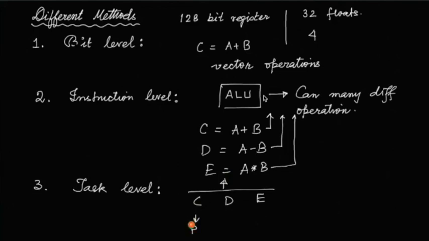In this particular case, as you see, this can be done just by instruction level parallelism, but I'm just giving you an example. If I do it with task level parallelism, I will send these different tasks to different processors.